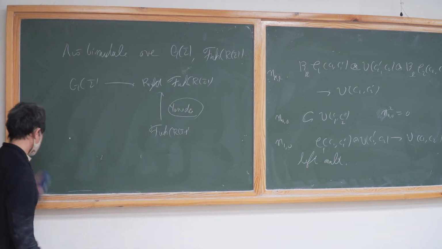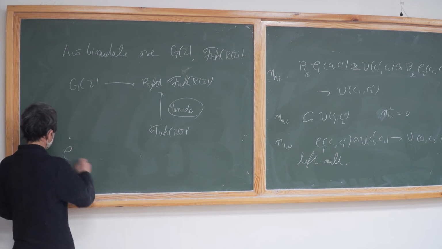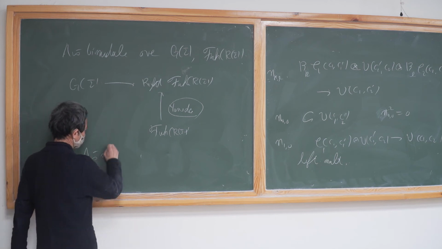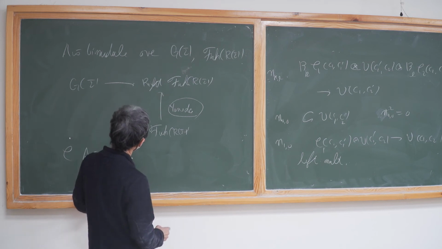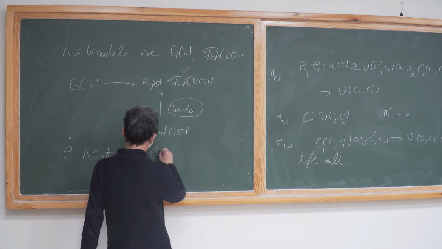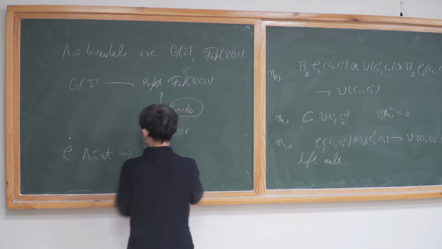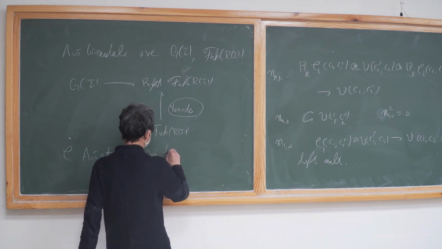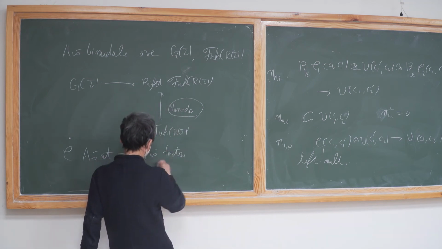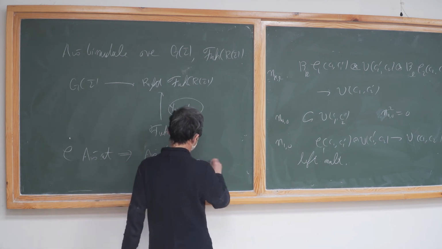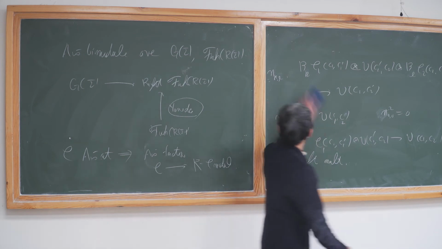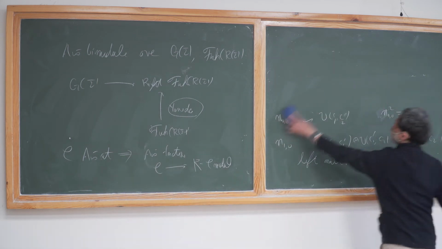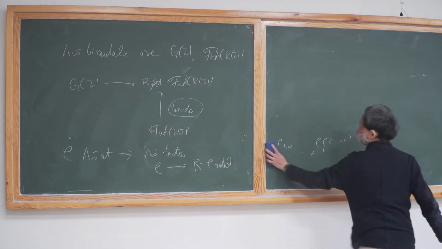So what is it? If you have any infinity category C, then there is an infinity functor from C to the category of right C modules. And this is again a tautology.